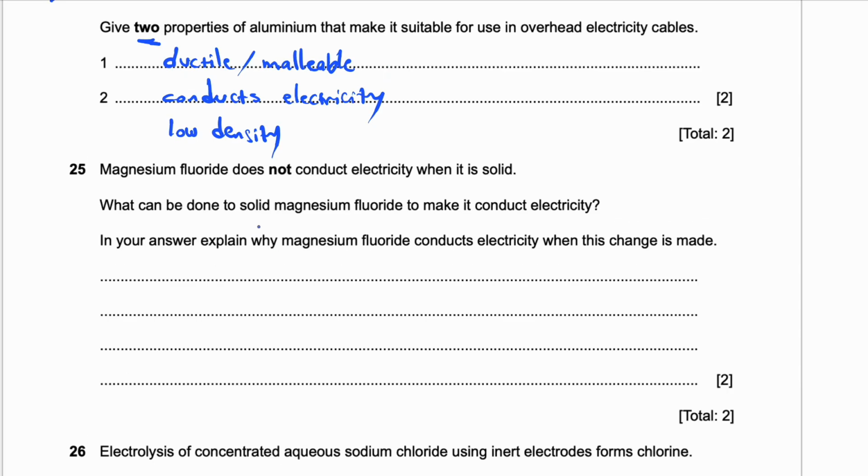Next, magnesium fluoride does not conduct electricity when it's solid. What can be done to solid magnesium fluoride to make it conduct electricity? Explain why magnesium fluoride conducts electricity when this change is made. So once again, we need the electrolyte to be in the form of molten or in aqueous solution.